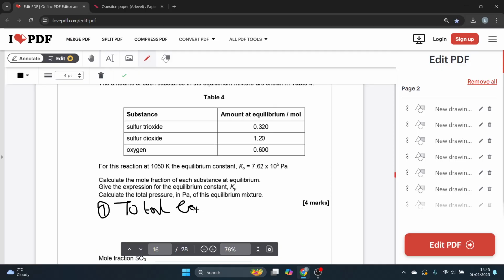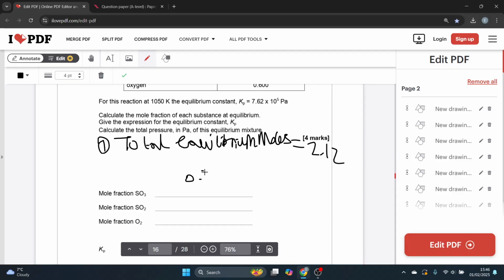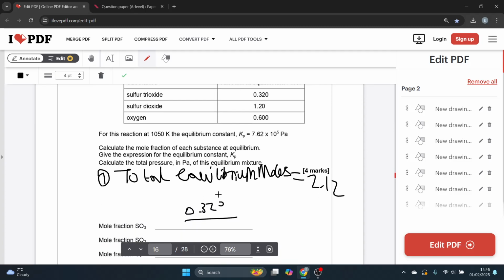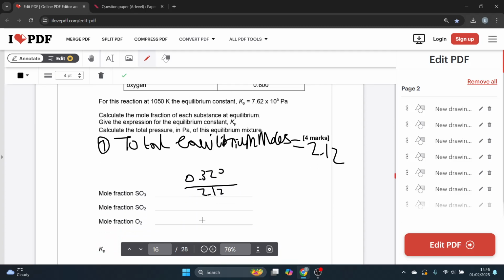Total equilibrium moles: 0.320 plus 1.20 plus 0.600, 2.12. So it's just going to be 0.320 divided by 2.12, 1.20 divided by 2.12, and 0.600 divided by 2.12.